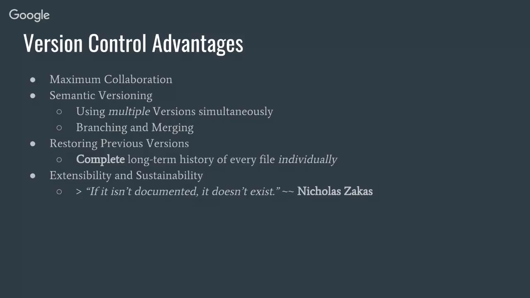Restoring previous versions. Complete long-term history of every file individually. There are other version control software packages out there, and one of them, I can't remember which one, doesn't actually track the individual files. It tracks the directories. And so if you have a file that has moved directories, then it no longer has a history.